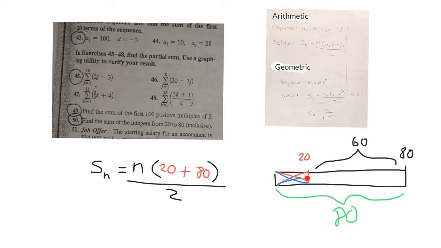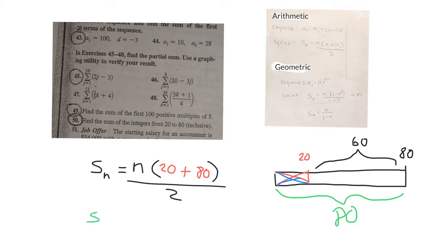One of the numbers that we subtracted away in this block right here was 20 itself, but we want 20 to be included, right? So really what we want to do is subtract 20 from 80 and then you would get 60, but then you want to add back in the number 20, literally the number 20, okay? So really, n is going to be 61.